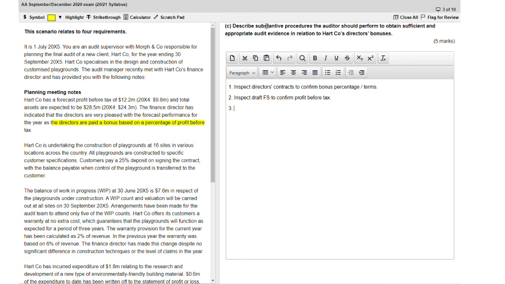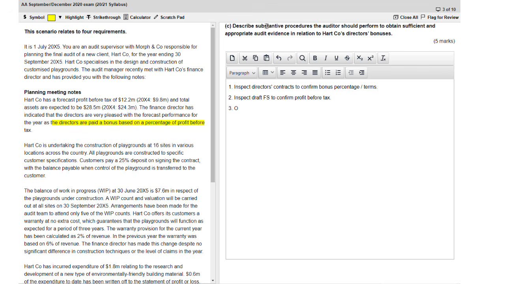So the contract said it's, say, 3%. The profit before tax said 10 million. Then someone has to go 3% of 10 million is whatever it is, however many $1,000. So that must be on a calculation, mustn't it, somewhere?